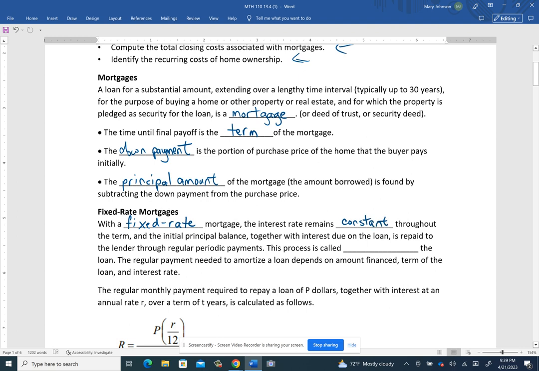So for all 30 years or 25 years, the interest rate will be the same. The initial principal, together with any interest due on the loan, is repaid to the lender through regular, usually monthly payments that you make. This process is called amortizing the loan.